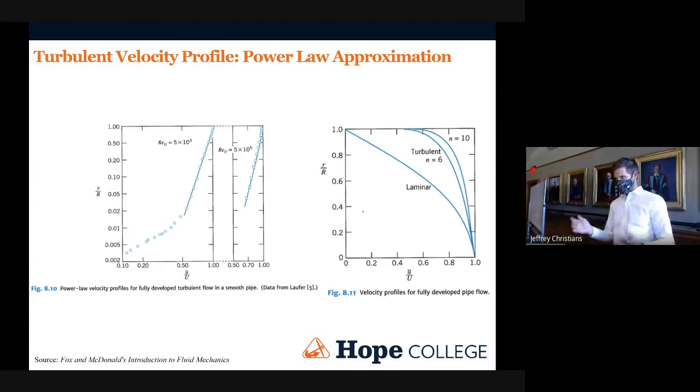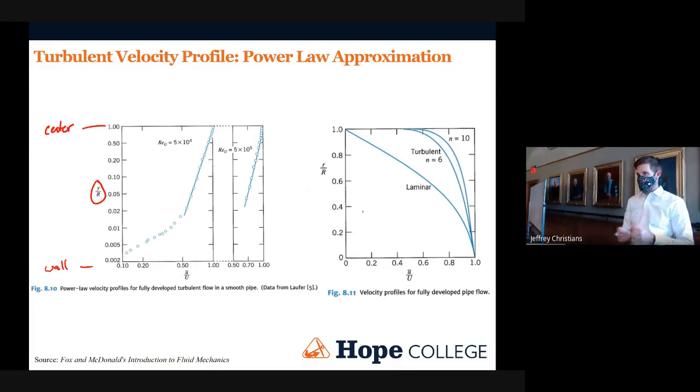This is what that says. Again, just to describe a little bit of what we're looking at: down here is the wall, and up there is the center.